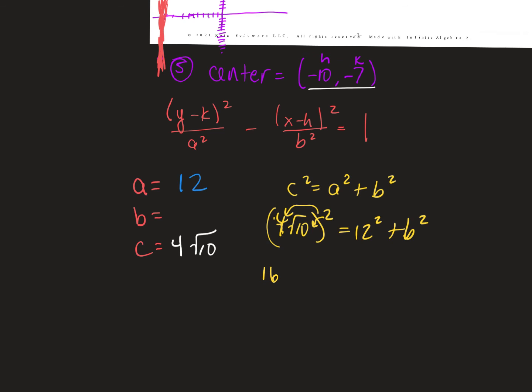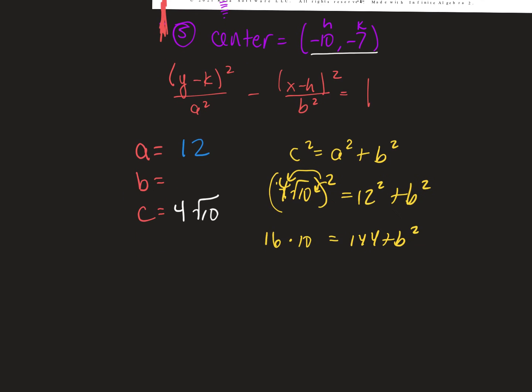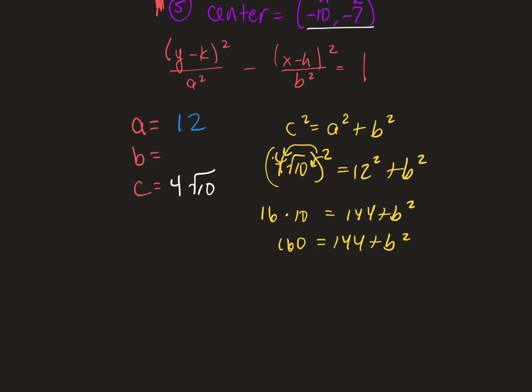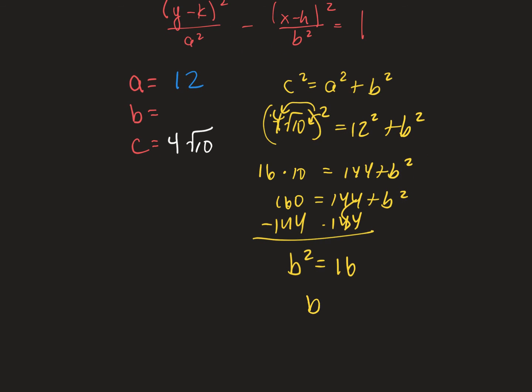And then radical 10 squared is 10, so 16 times 10, right? We good? Okay. What's 12 squared? Plus b squared. So I have 160 equals 144 plus b squared. Now what do I do? Subtract 144 from both sides. So b squared equals, so what's b equal?